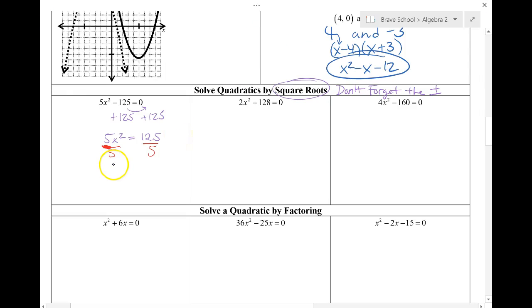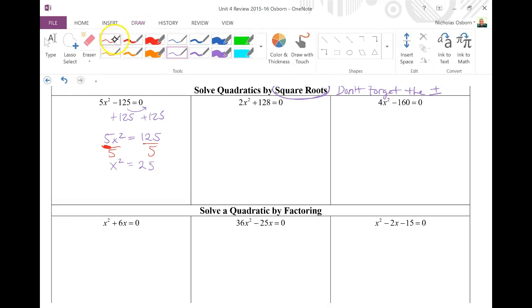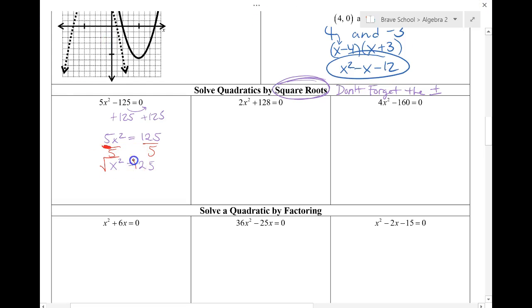So now I end up with x squared over here, and then 125 divided by 5 is 25. Now the last step here, again solving quadratics by square roots, that's where the title comes from, is that we're going to take the square root of both sides. Now if you square root x squared, that just becomes x.